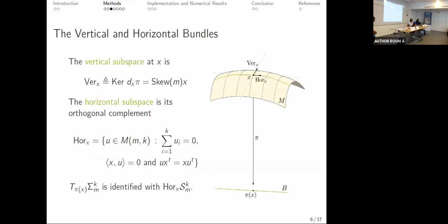This leads to the idea that we want a bundle above, which corresponds to the tangent bundle of the base space. That is exactly the idea of horizontal and vertical bundles, and this is the structure that we will use later for the two methods. The vertical subspace at point X is defined as the kernel of the differential of the submersion, and the horizontal subspace is its orthogonal complement, such that it is exactly identified with the tangent space of the base space.